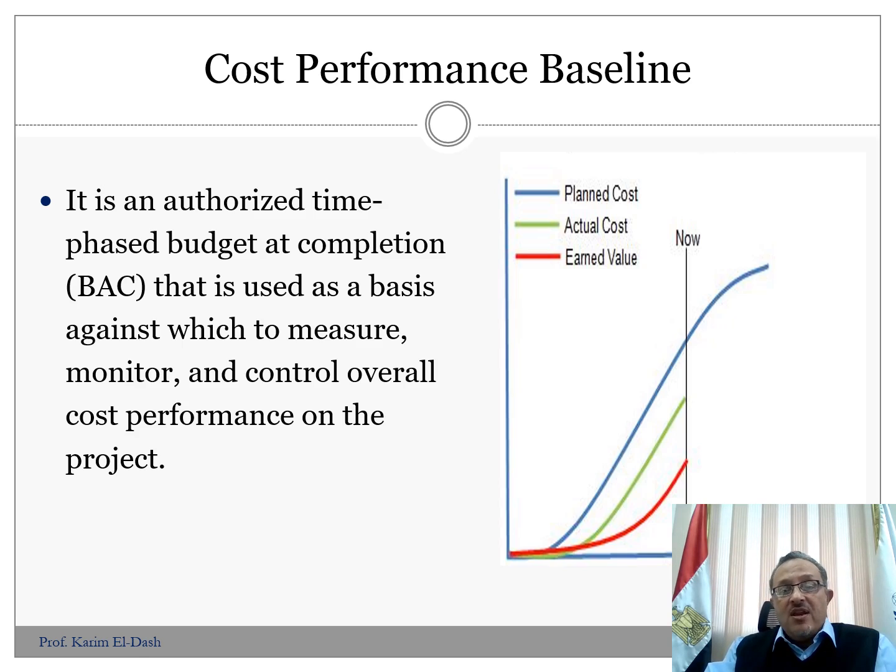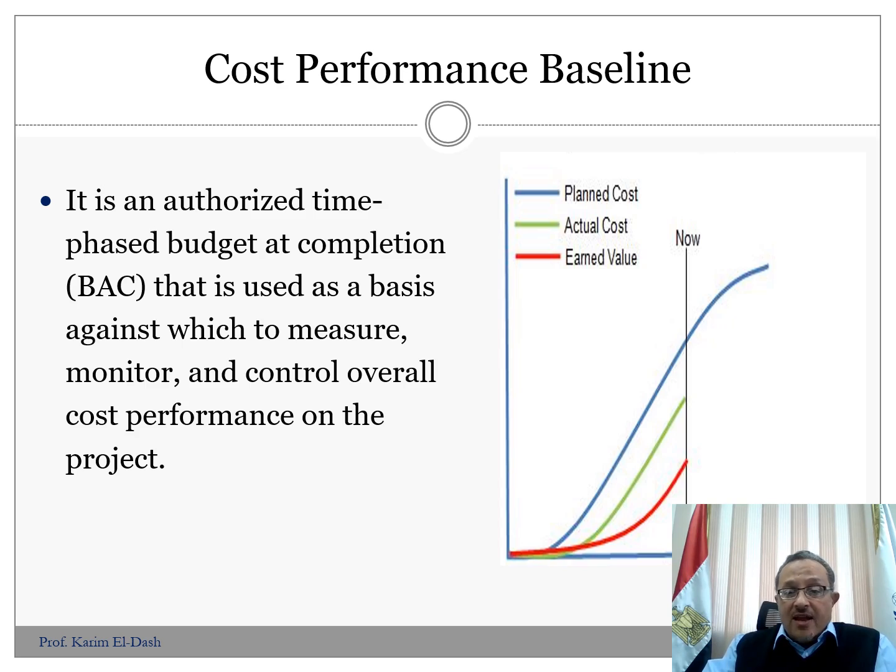What we have in green here, the green curve, is the actual cost. So the actual cost is what has actually been spent, including expenditures and indirect expenditures as well. That constitutes the total cost of items completed or partially completed up to the data date of this report.